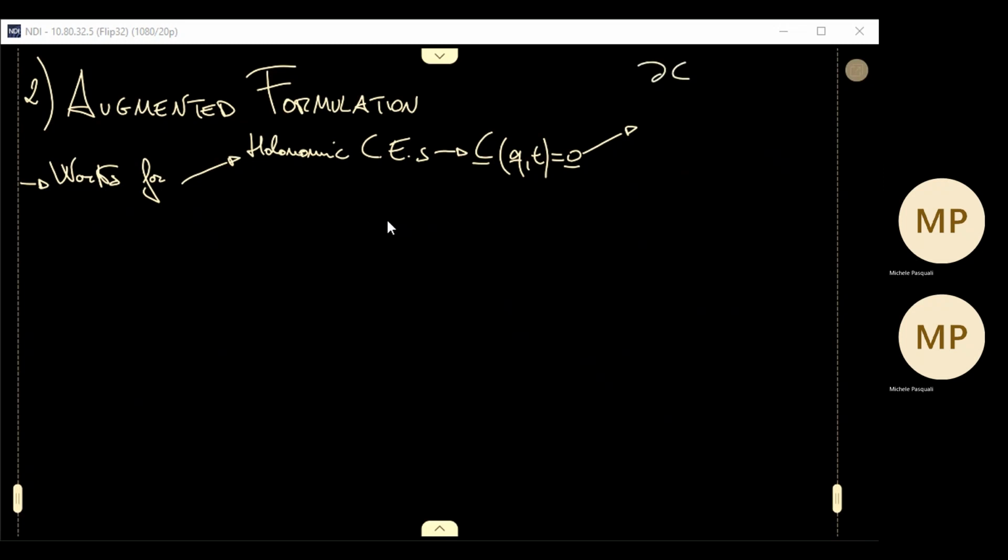So ∂C over ∂q times dq over dt plus ∂C over ∂t equal to 0.